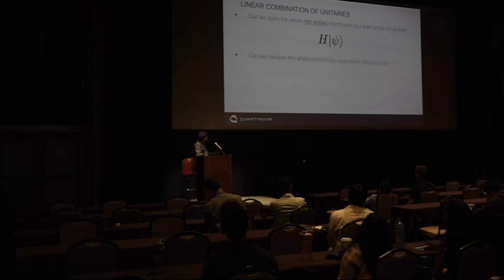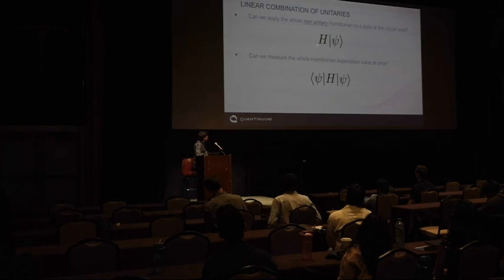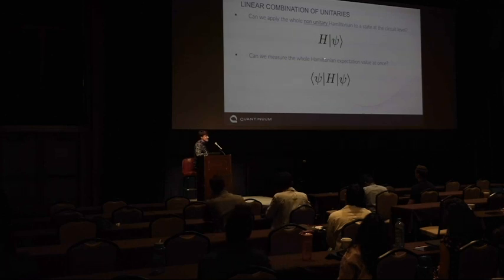And then also, if you could do this, could you measure the whole Hamiltonian in a single go as well? So you can save all the measurement instructions. You'll hear about this later on, but if you can do this H acting on psi, this is basically opening the door for all quantum linear algebra. So it's a really powerful property.